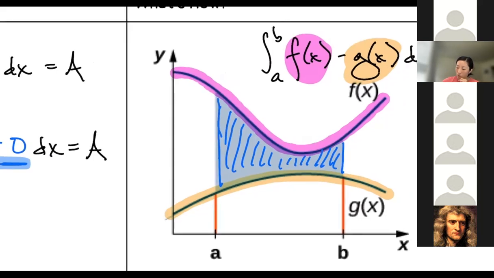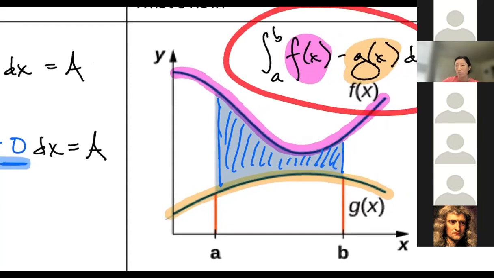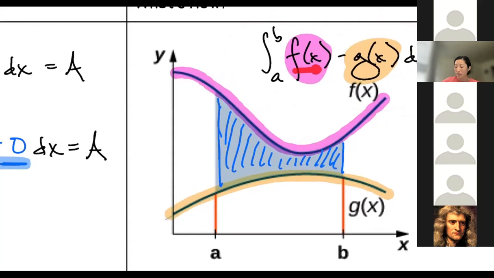Okay, so when we go back and summarize this, when we write our equation, we're not going to necessarily put f of x and g of x, but rather we're going to put the top function minus the bottom function. Okay, so we're not rooting it in one of them has to be f of x and the one that's g of x is on the bottom. We're saying whatever's on the top goes first, and then we subtract whatever's on the bottom.